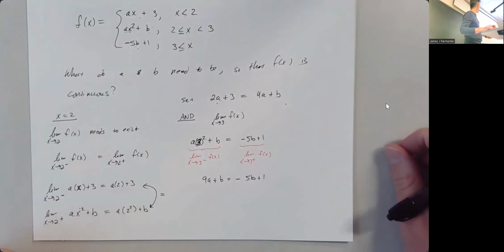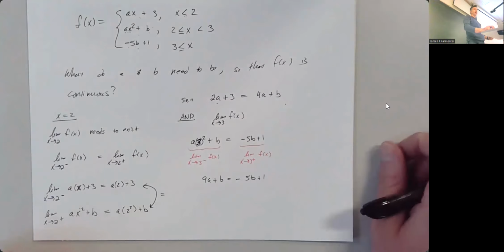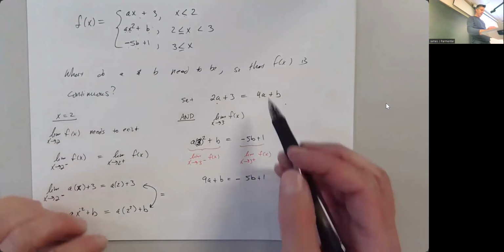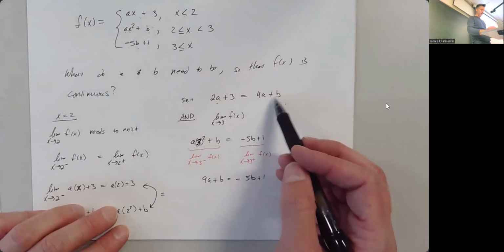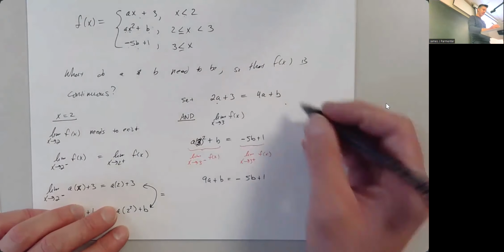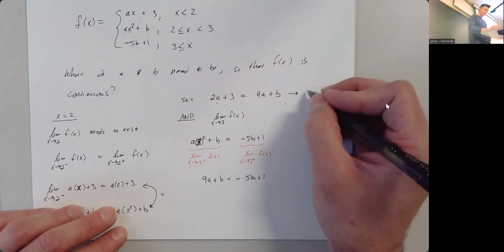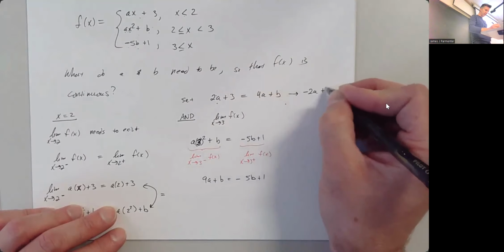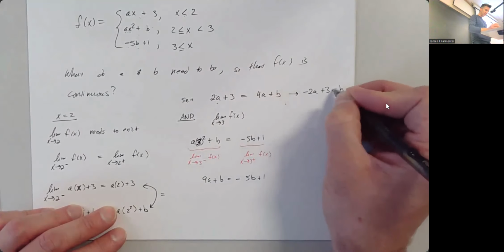So now what I would do is probably take these equations and isolate one of my variables in one of them. It seems like it might be easy to isolate this b right here. So if I subtract 4a from both sides, I can say that 2a minus 4a is negative 2a plus 3, and that's equal to b.